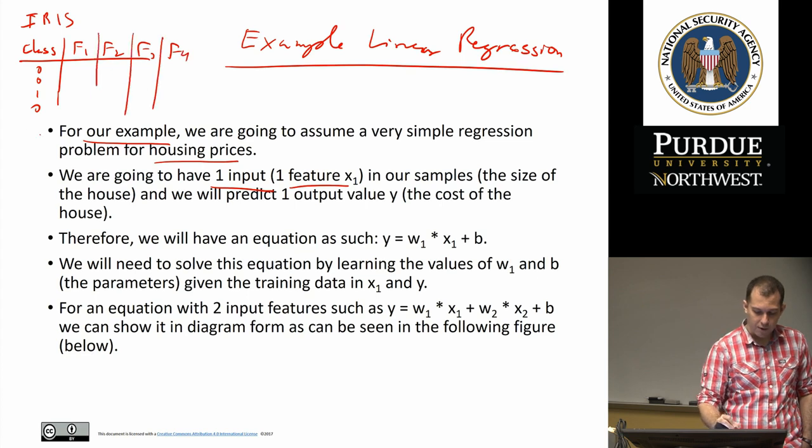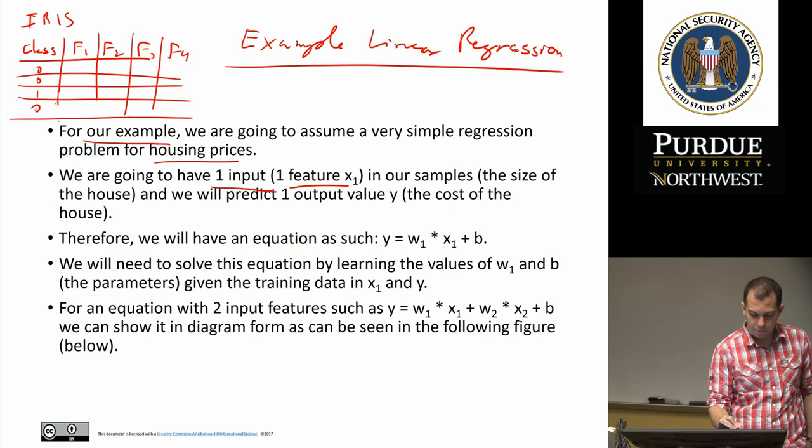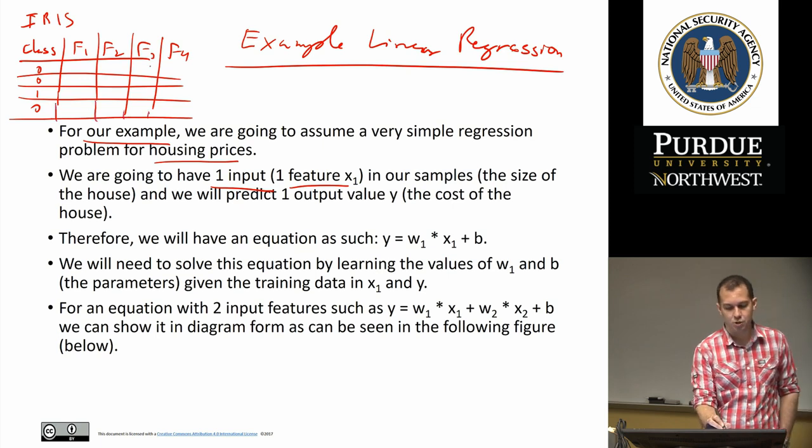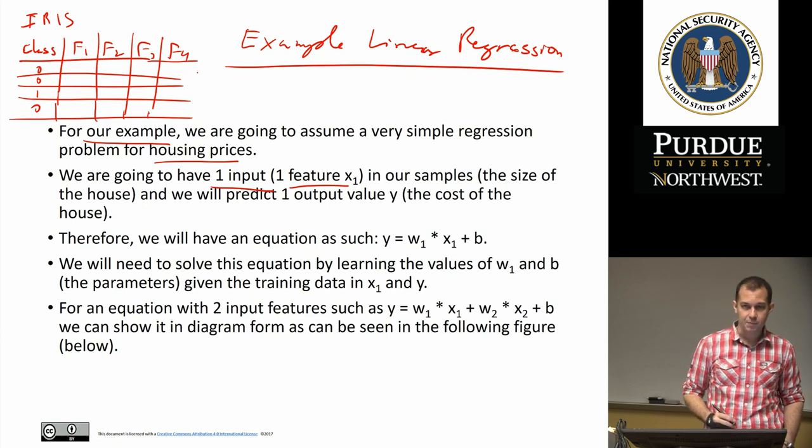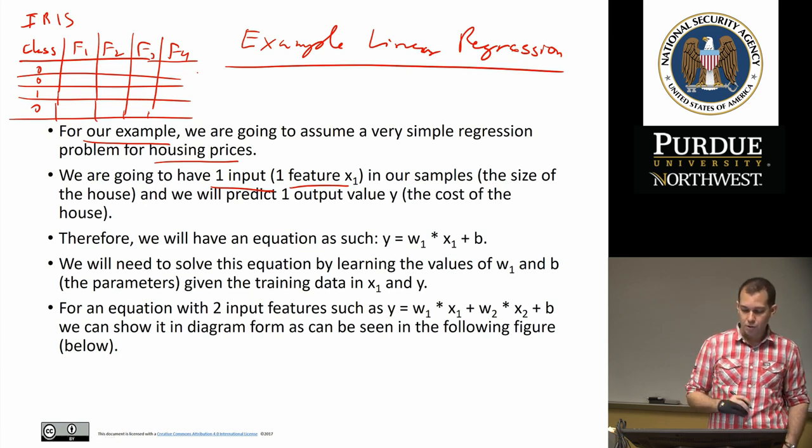That's what we had for that data set. So it looks something like that, and that was our classification problem. In this example, we're going to do housing prices, and to keep it simple, I'm only going to use one feature.